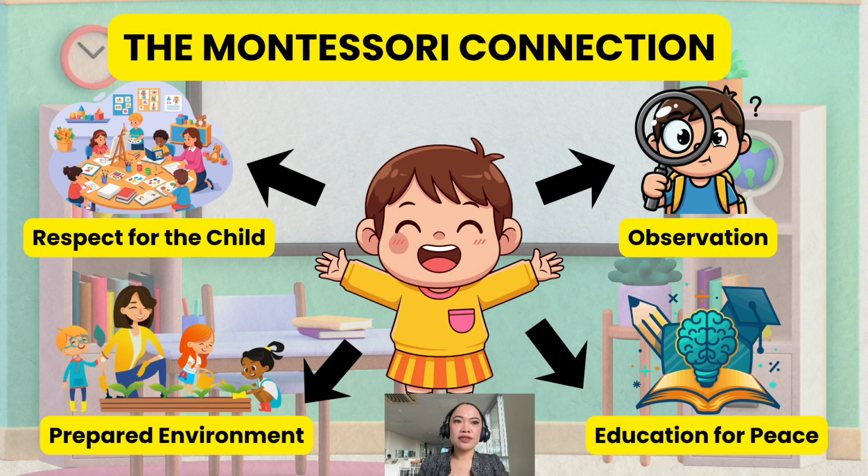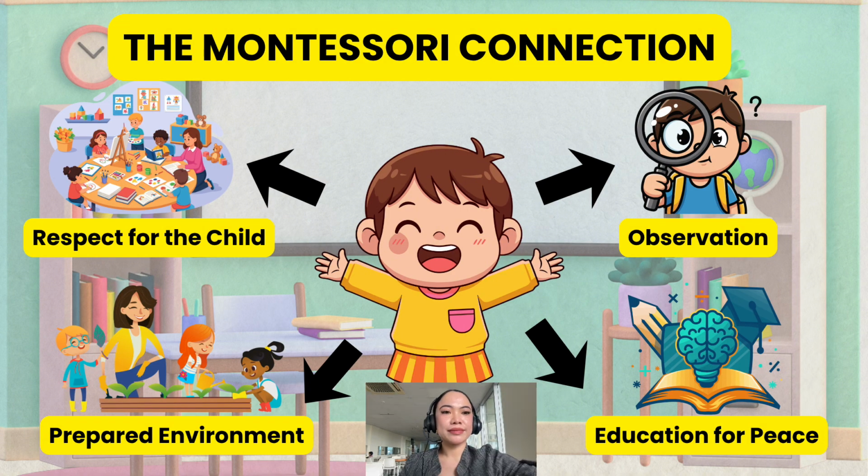The teacher carefully watches the child in order to understand their interests, strengths, and challenges. The prepared environment should provide meaningful opportunities for independence and exploration. Finally, Montessori education promotes peace, cooperation, and respect for others.